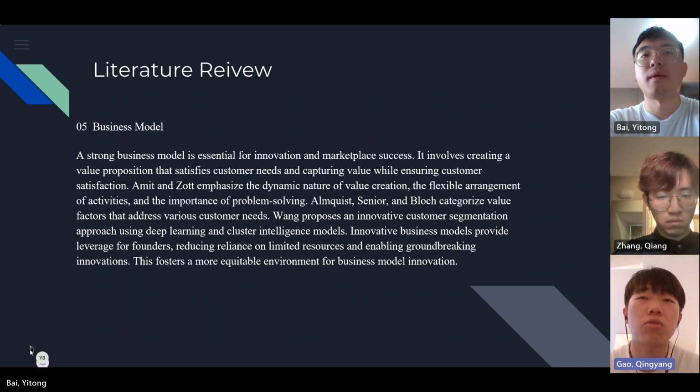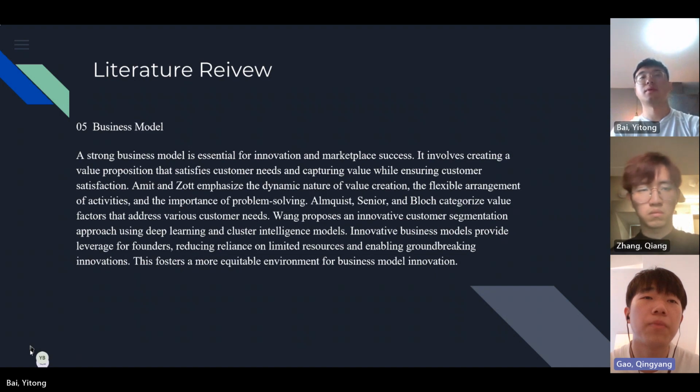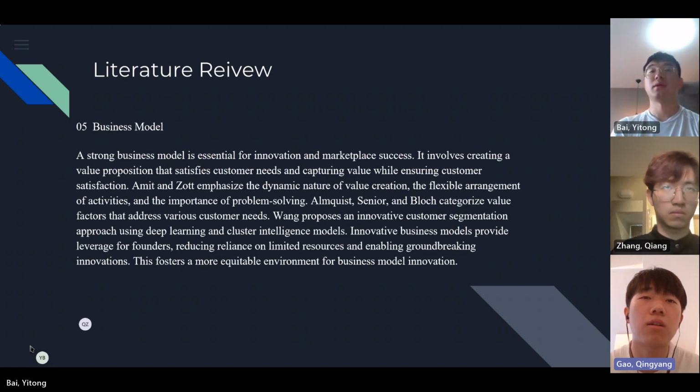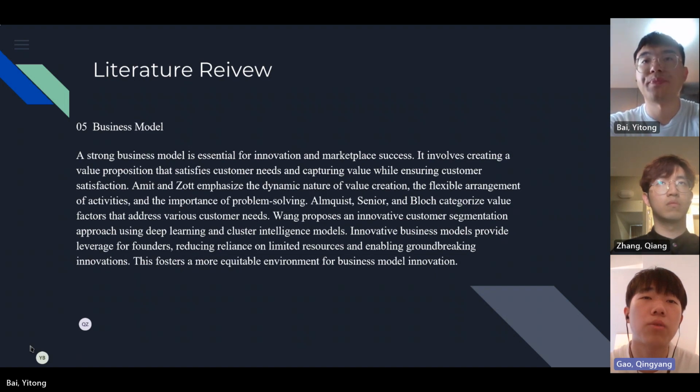Lundquist, Senior, and Bloch categorize value factors that address various customer needs. One paper proposes an innovative customer segmentation approach using deep learning and swarm intelligence models. Innovation business models provide leeway for the founders, reducing reliance on limited resources and enabling groundbreaking innovation, and they foster a more equitable environment for business model innovation.